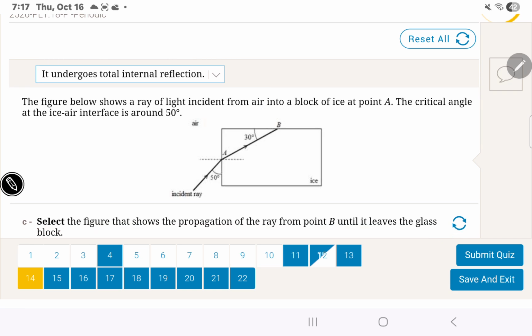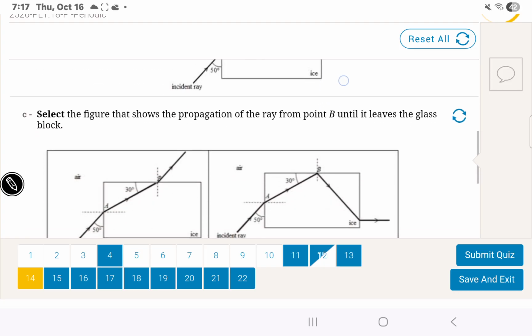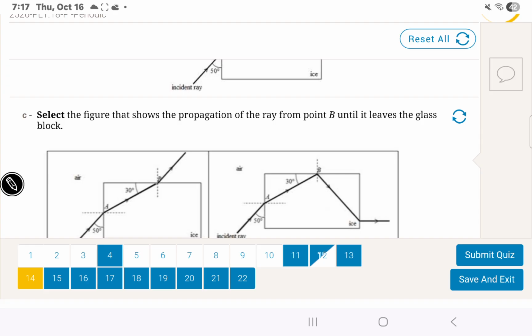Next question. The figure below shows a ray of light incident from air into a block of ice at point A. The critical angle at the ice-air interface is around 50. Select the figure that shows the propagation of the ray from point B until it leaves the glass.